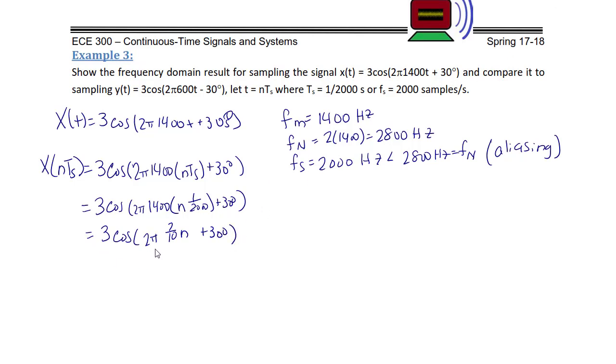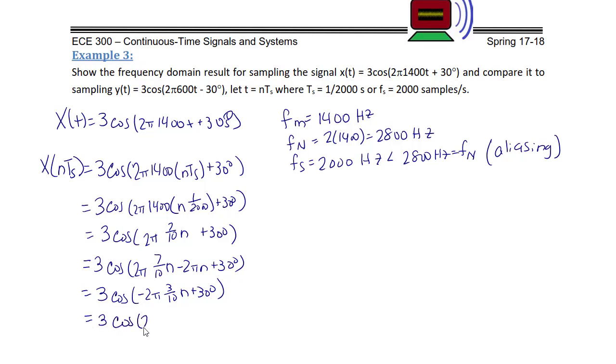And in the next step, we're going to subtract 2 pi n in order to get the fundamental or smallest possible frequency. So we're going to have 3 cosine 2 pi 7 over 10 n minus 2 pi n plus 30 degrees, which equals 3 cosine negative 2 pi 3 over 10 n plus 30 degrees. And because this is a cosine with even symmetry, we can write this as 3 cosine 2 pi 3 over 10 n plus 30 degrees.